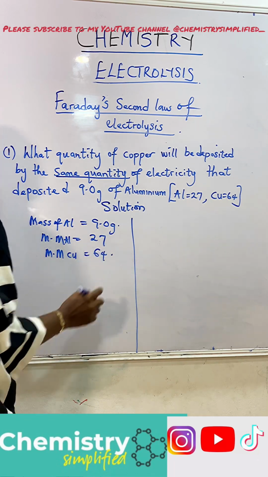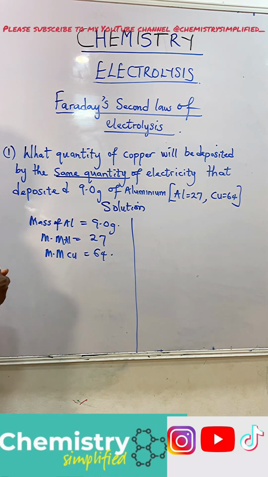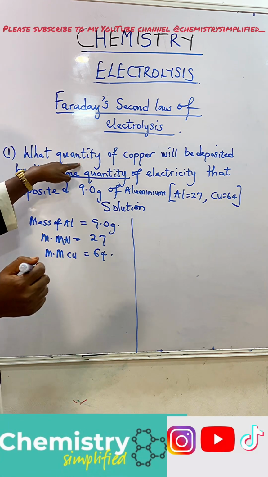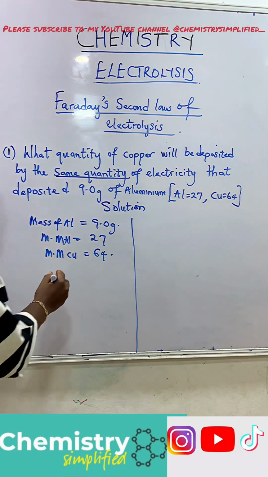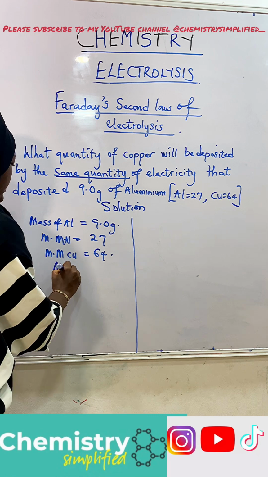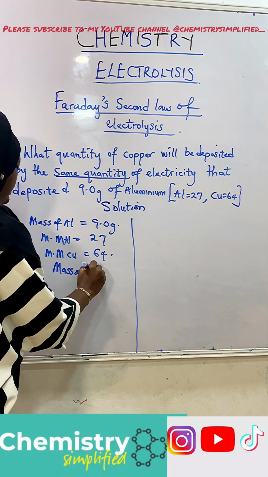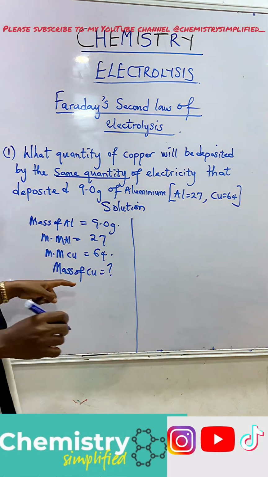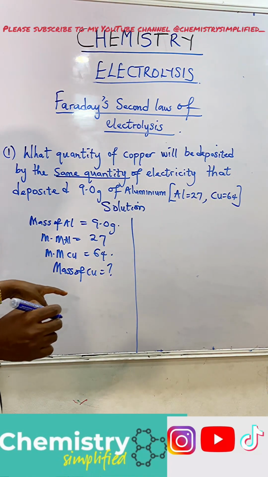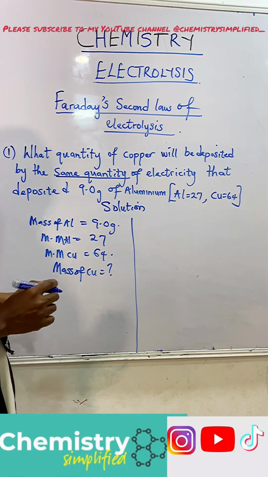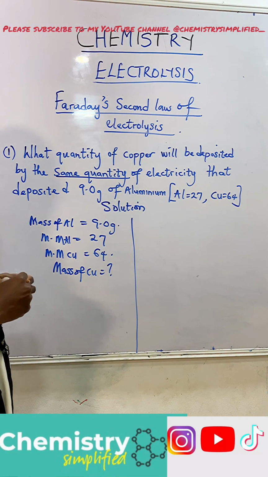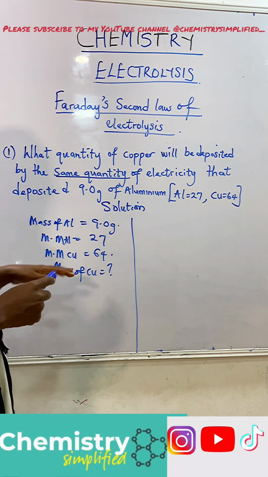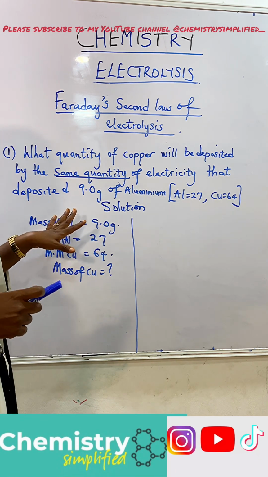That's all. Now, we will have to calculate mass of copper here. So mass of copper is what we are looking for. But before you can get mass of copper, you must calculate the quantity of electricity for aluminium. Now, how do we do that?